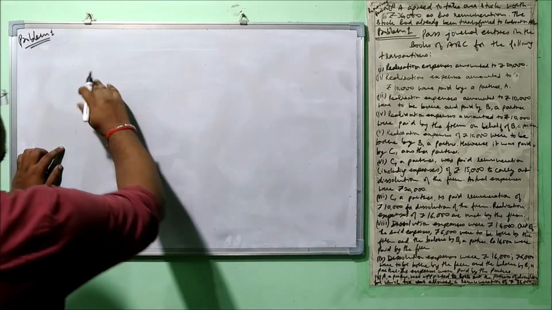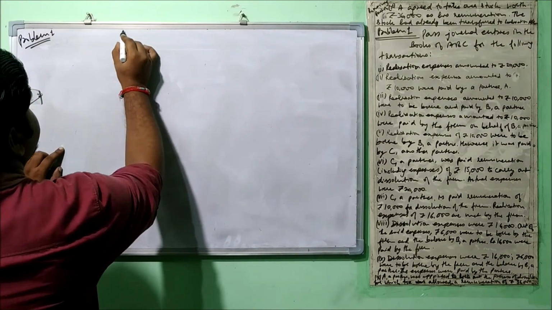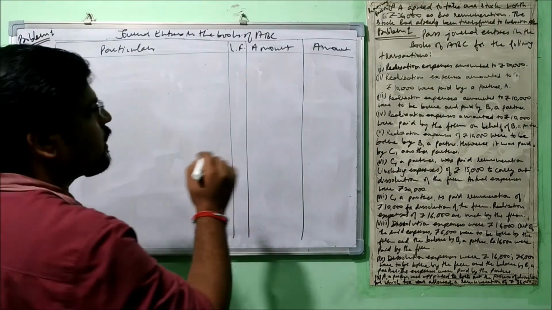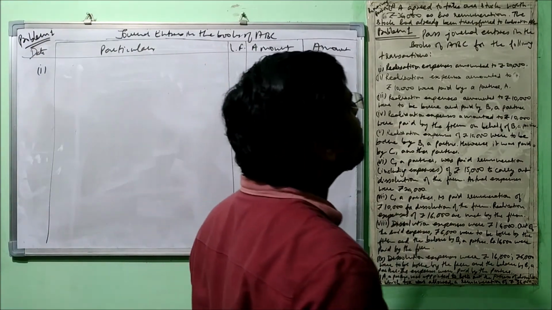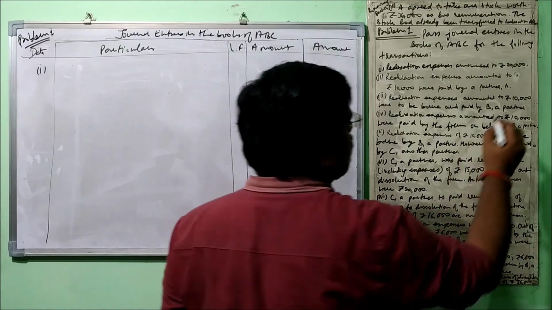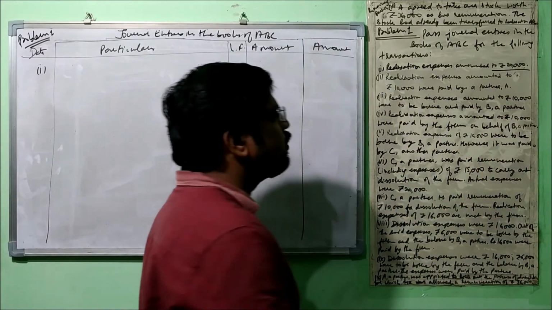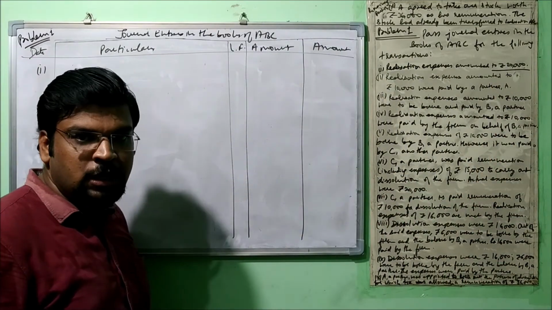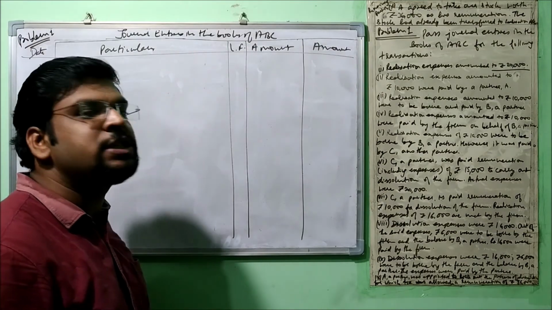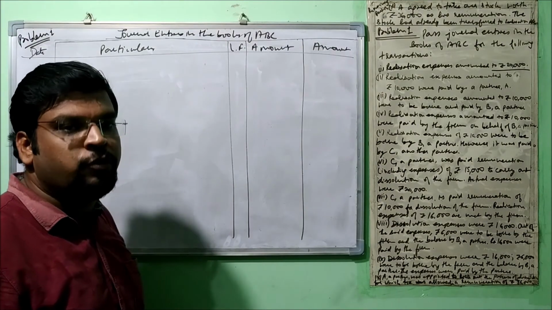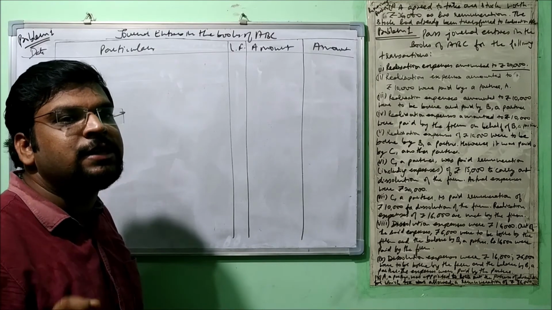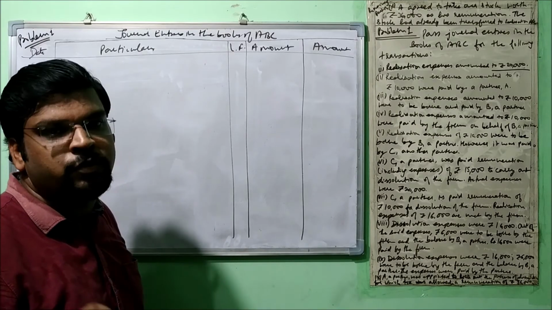Very first, we'll prepare the format of the journal. Alright, let's start with transaction number 1. It says realization expenses amounted to rupees 20,000. No other information is given. As I explained, this is the default situation. In the absence of any further information, we consider that these expenses are the expenses of the firm.